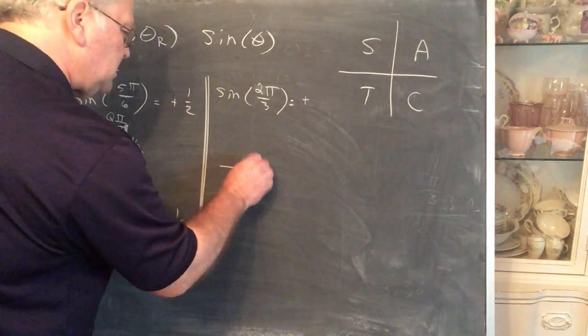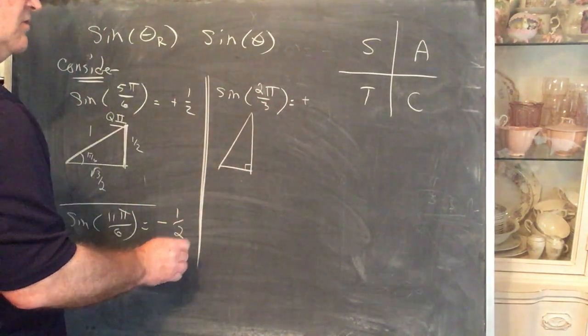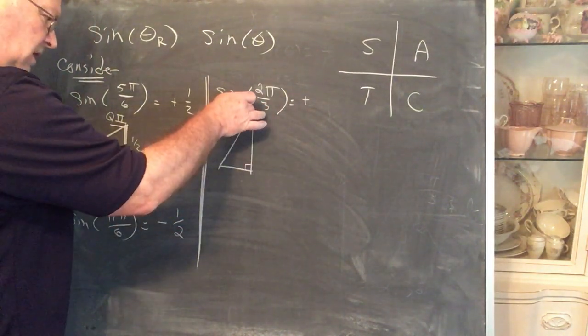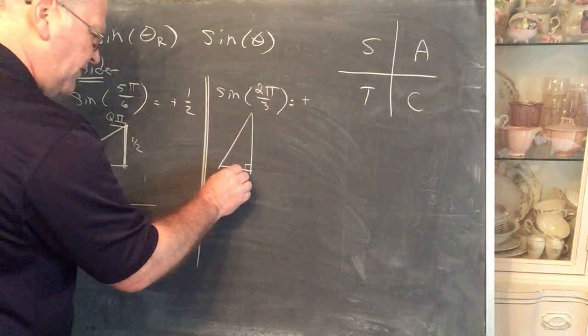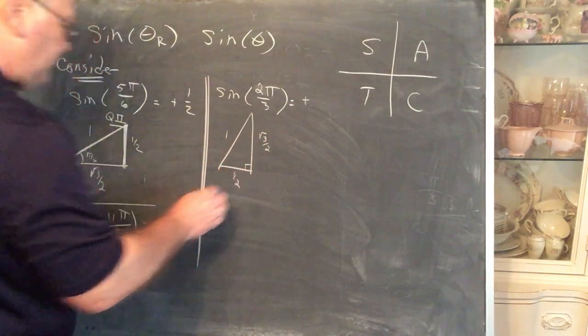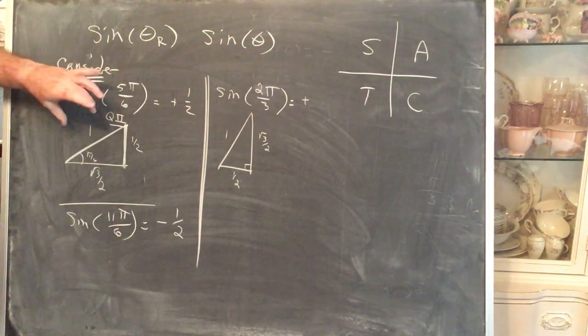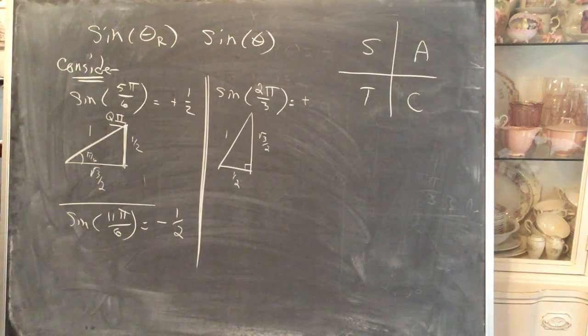That corresponds to this triangle. Remember that we made it vertically oriented rather than horizontally. So now this is 1, this is root 3 over 2, this is 1/2. This is the triangle for the reference angle family pi over 6. Have that triangle in your mind's eye.